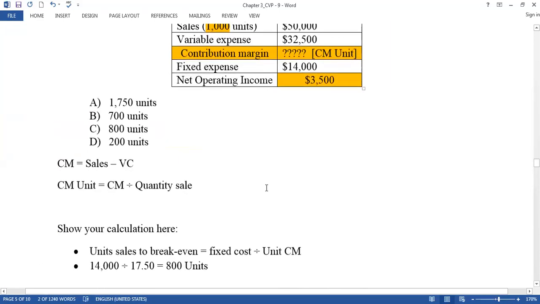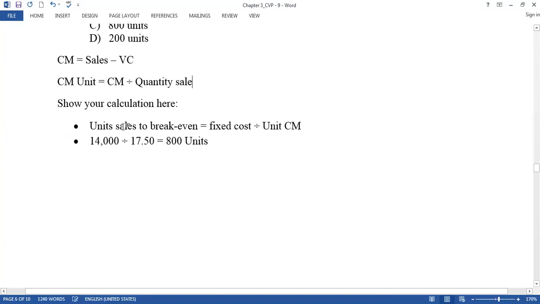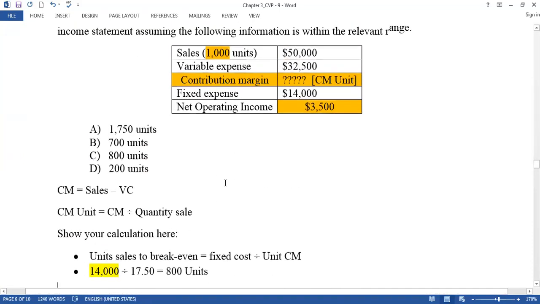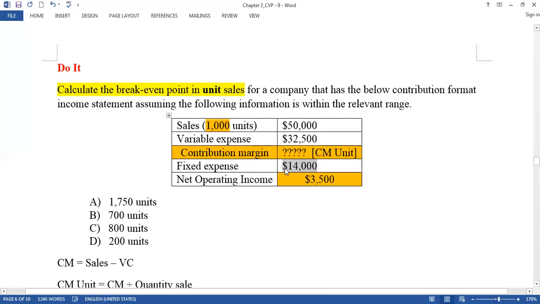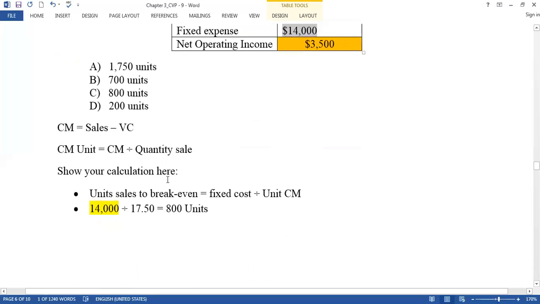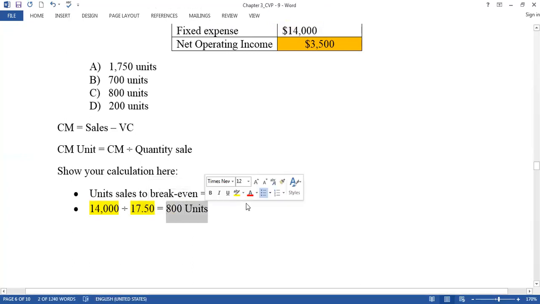The question already gives you the fixed cost, $14,000. Look at the solution now. We calculate CM unit, and we get 800 units. So if we sell 800 units, then we have no profit, no loss, and this is the answer.